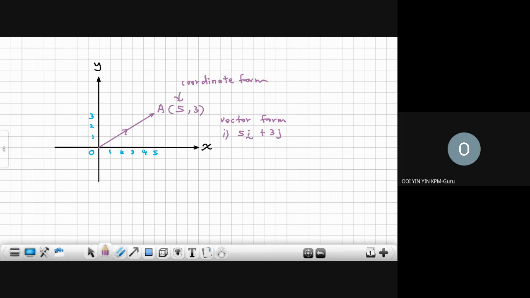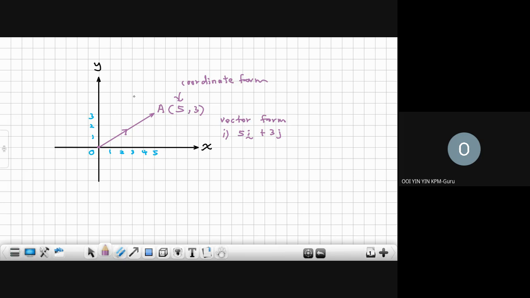How do you count this? Actually, start from your 0, 0 here, up to here means to the right 5, so positive 5i, and then up 3, so it's positive 3j. This is one of the forms to represent the vector.